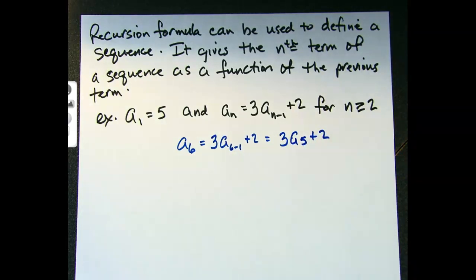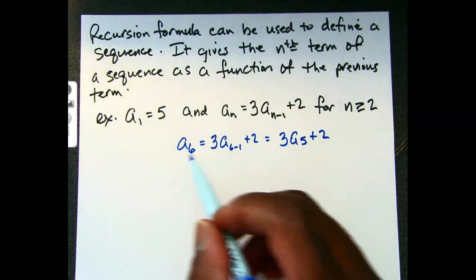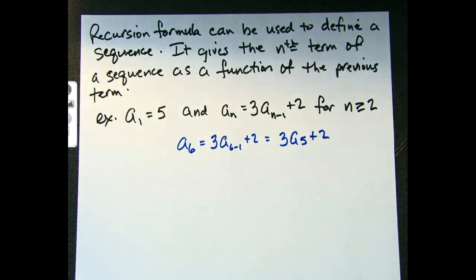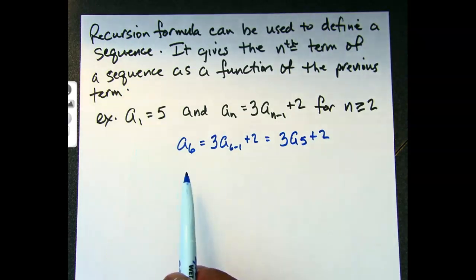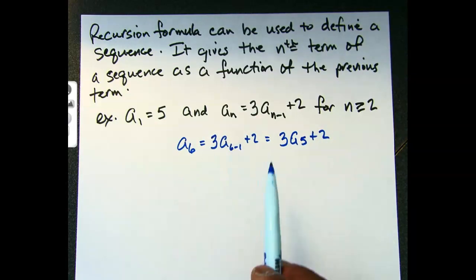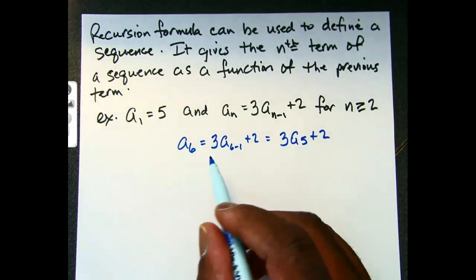Well, we don't know what a sub 5 is, so there's no way for us to determine what a sub 6 is. What this formula allows us to do is if we start with a sub 1, we can find a sub 2, then a sub 3, then a sub 4, a sub 5, a sub 6. So we have to go in that order. Okay, so let's go ahead and try this.